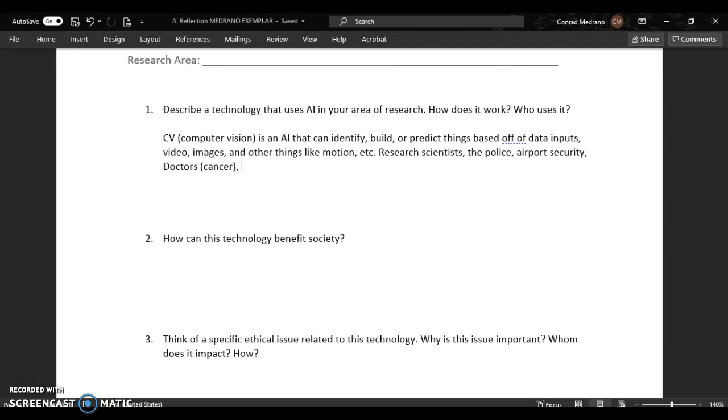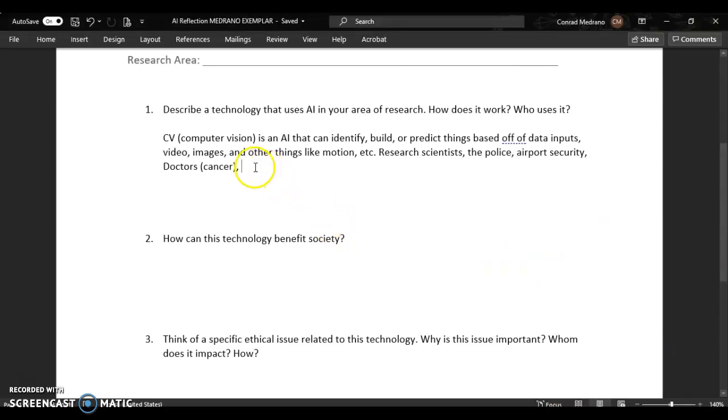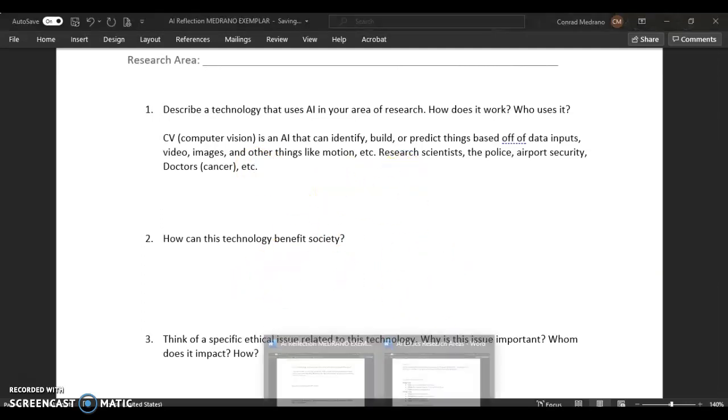What else? When you are identifying... I think that's it for now. Obviously you can look it up. Now, number 2, how can this technology benefit society?